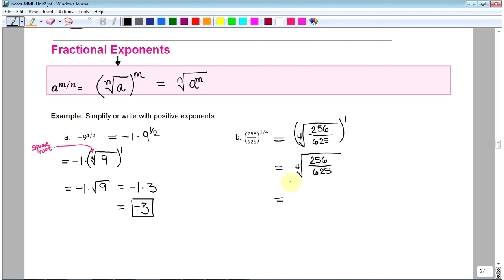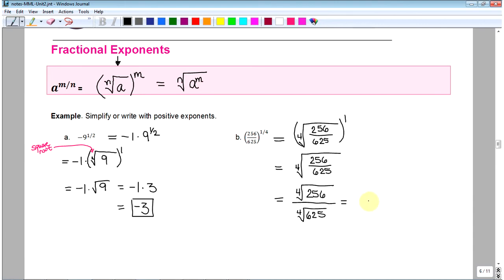When you're dealing with radicals, in this case, if you have the 4th root of a fraction, this means we're finding the 4th root of the top divided by the 4th root of the bottom, 625. So we're looking for the number that when we multiply it by itself 4 times gives us 256 for an answer.